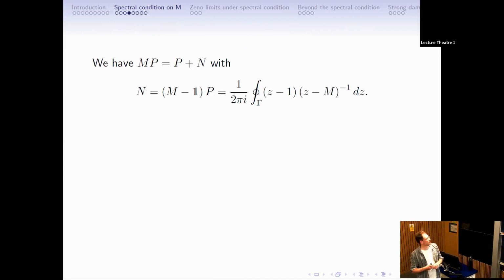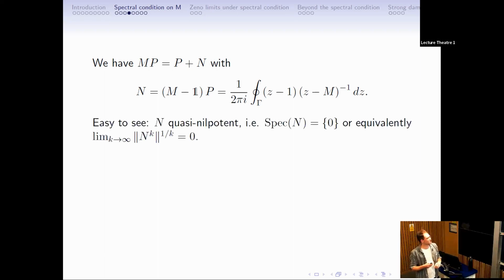So we can write MP as P plus N. P is the thing we expect to have in the end if M to the power n converges, and N is just the difference. Here we can write down the difference again by holomorphic functional calculus. This is some nice integral, and from that integral it's very easy to see that this operator is quasi-nilpotent, so it has only spectrum equal to 0.